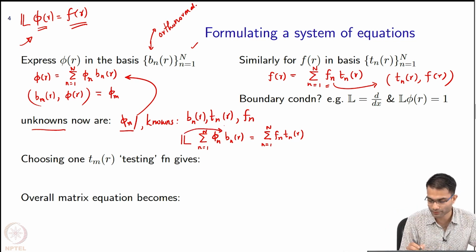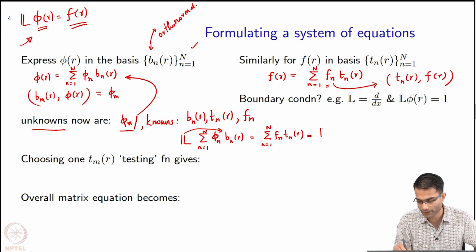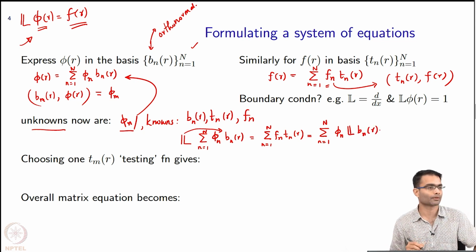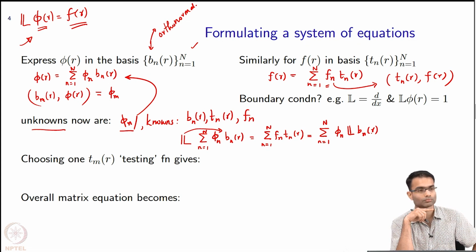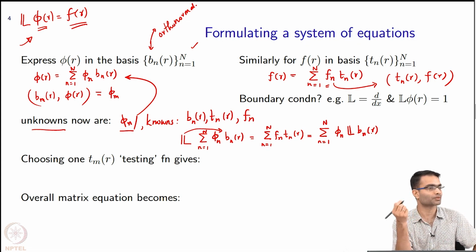So, this becomes the summation from n equal to 1 to n of phi n L b n of r. L goes inside and is now acting on a known basis function. But I want to get a system of equations so that I can solve this. This doesn't look like a system of equations so far, right? Do I have n equations in n variables?